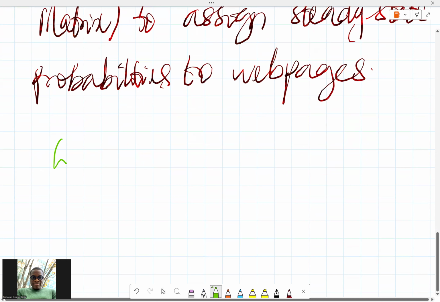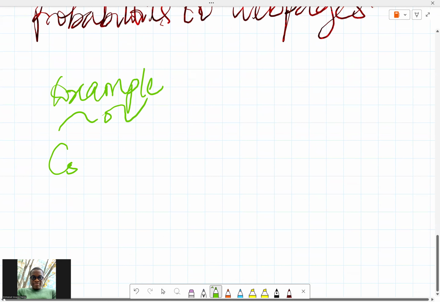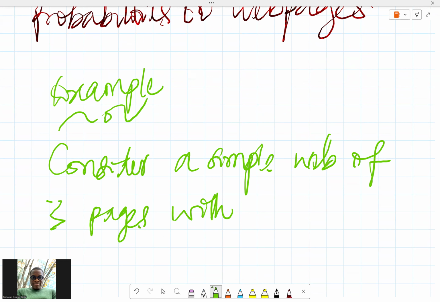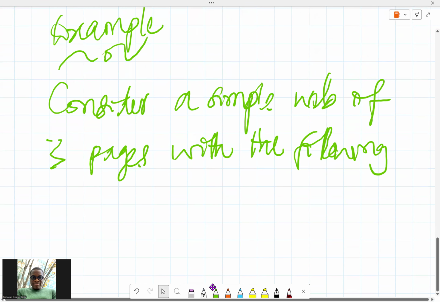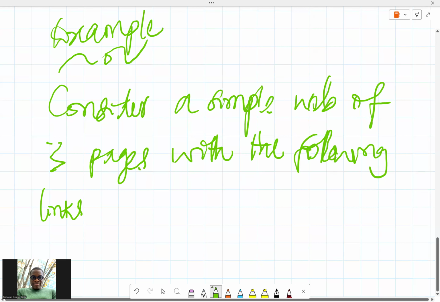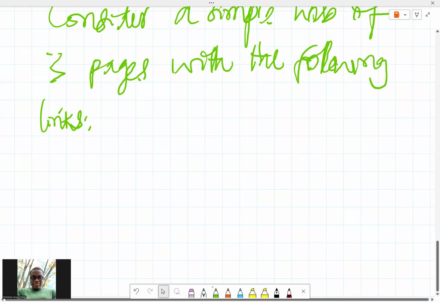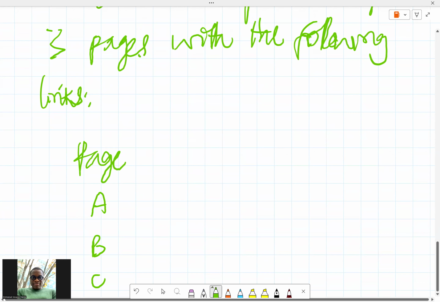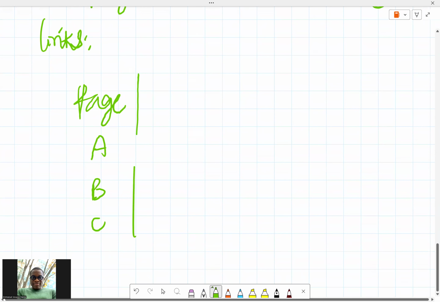So can we look at an example? Consider a simple web of 3 pages with the following links. Okay, so let's say you have pages A, B, and C, and they have links on those pages.